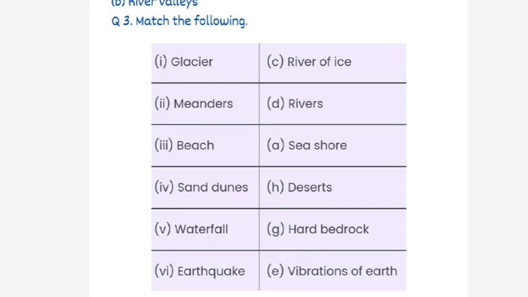In front of that write hard bedrock. Sixth is earthquake. In front of that write vibrations of earth.